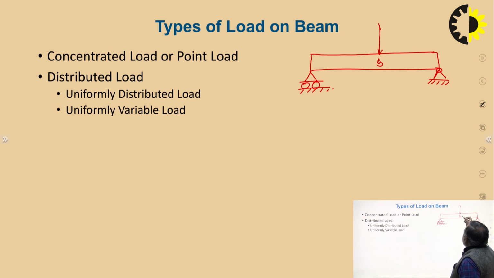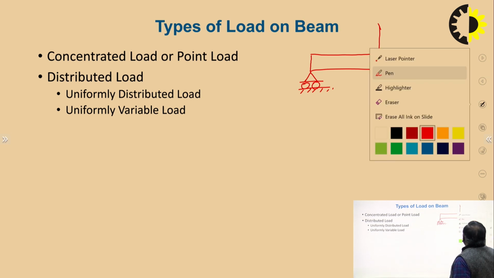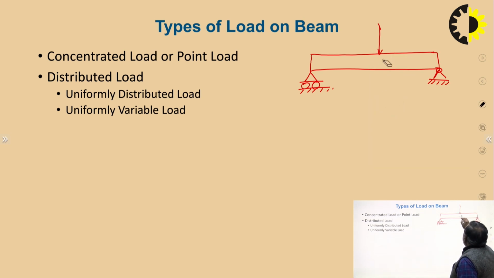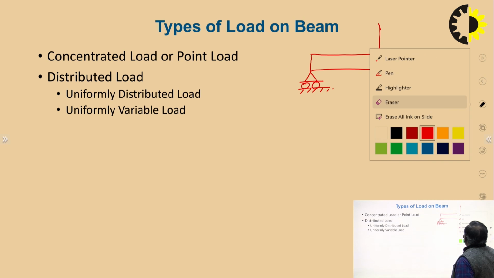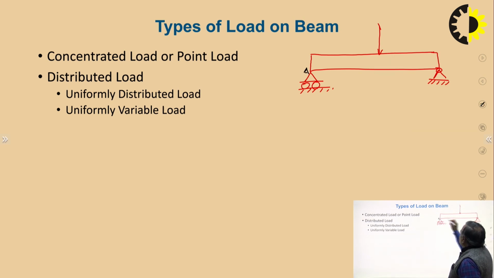I will mark point A here, B here, and C here, and let this load be P. This is a point load because it is acting at a point, or this is a concentrated load.